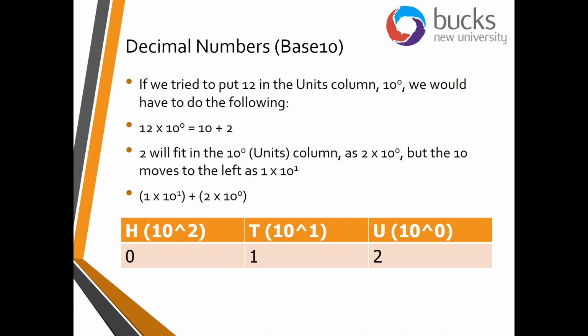But the 10 will have to move left as 1 times 10 to the 1. So we would write it out as 1 times 10 to the 1 plus 2 times 10 to the 0. And it will be represented in this way in the columns. So 1 under the tens column, 10 to the 1, and 2 under the units column, 10 to the 0.